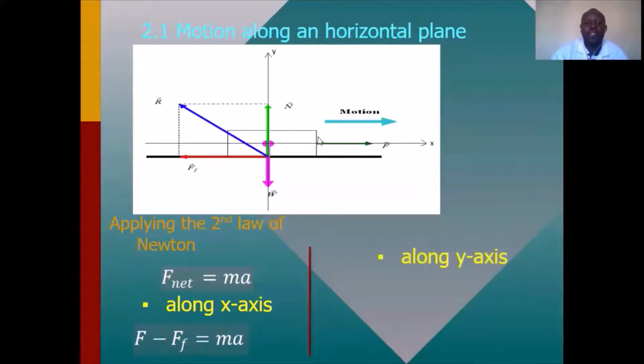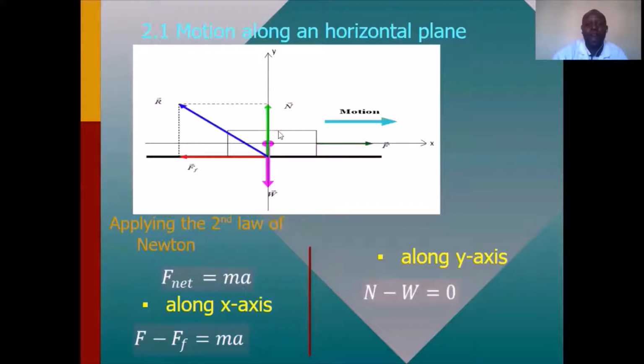Applying the second law of Newton along the y-axis, on the y-axis you have two forces, the normal force and the weight. And the normal force is the reaction force to the weight. That means that they are equal in magnitude, but opposite in direction. So normal minus weight is equal to 0, because along y, we have no acceleration.